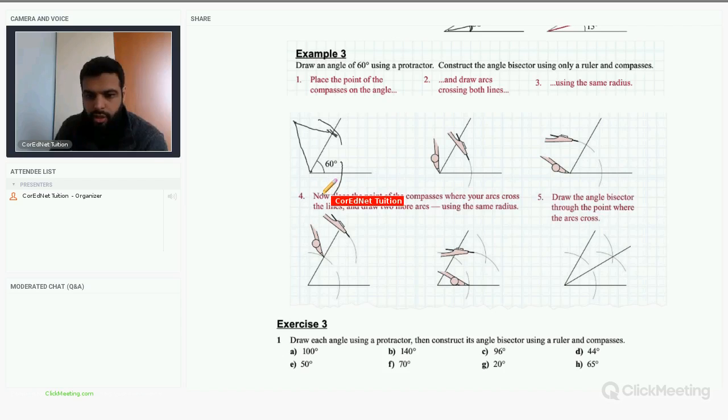Then put the compass again on that point there and draw yourself another arc there. Then you're going to do the same to the other side.